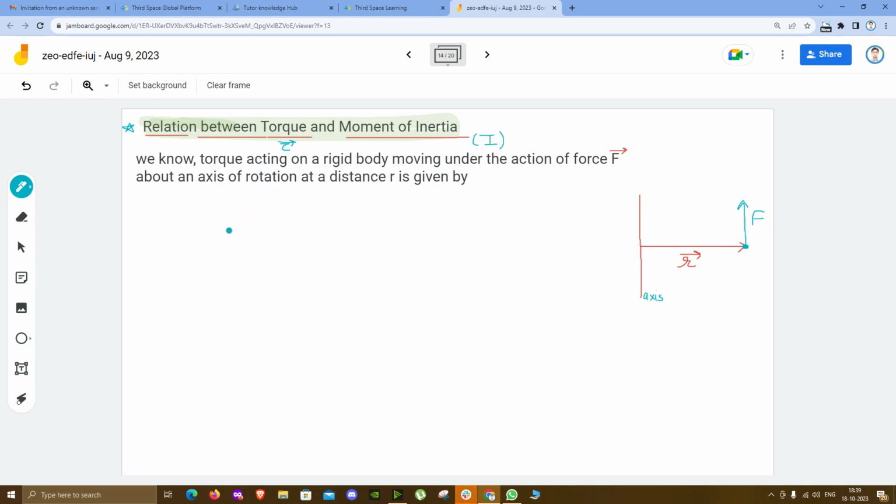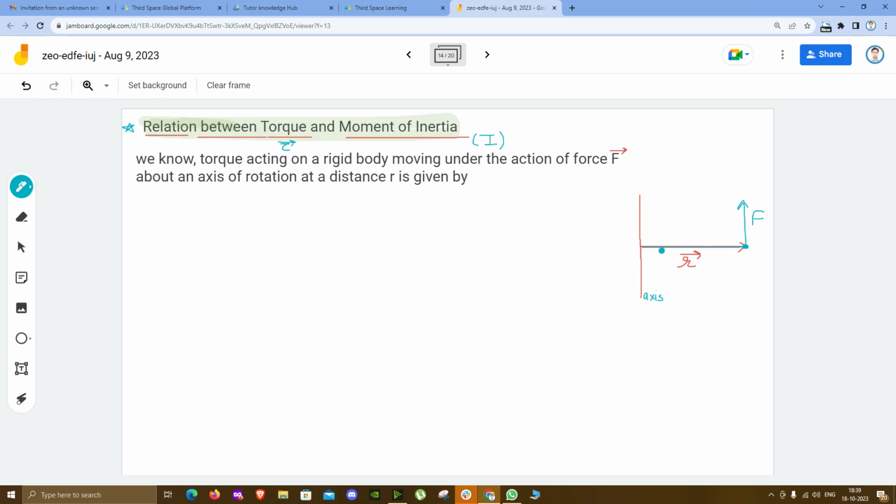So first of all, we know the torque on a rigid body moving under the action of a force F. There's a force F acting on the rigid body, and the distance of the axis of rotation from the point of action of the force is the r vector.